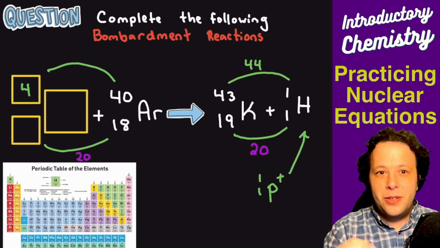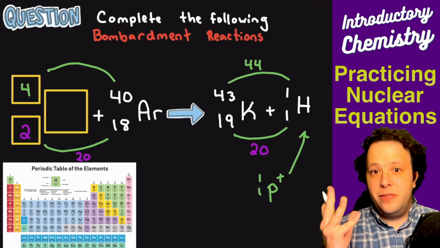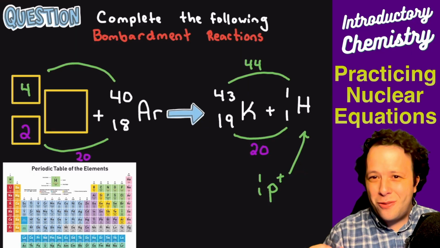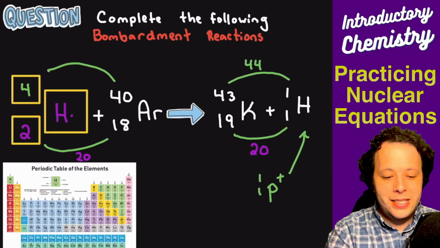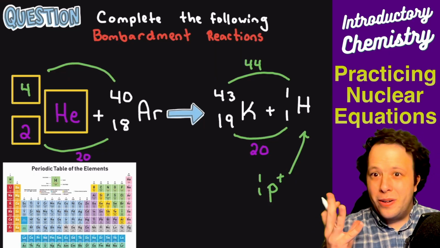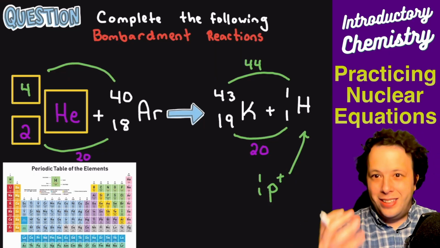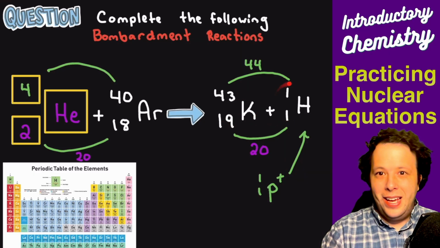If we do 18 plus 2, that's going to be a total of 20. So which subatomic particle or what element does that represent? Well, that's helium, or an alpha particle. So that tells you a really big, heavy alpha particle collided with argon to break it into potassium and hydrogen.